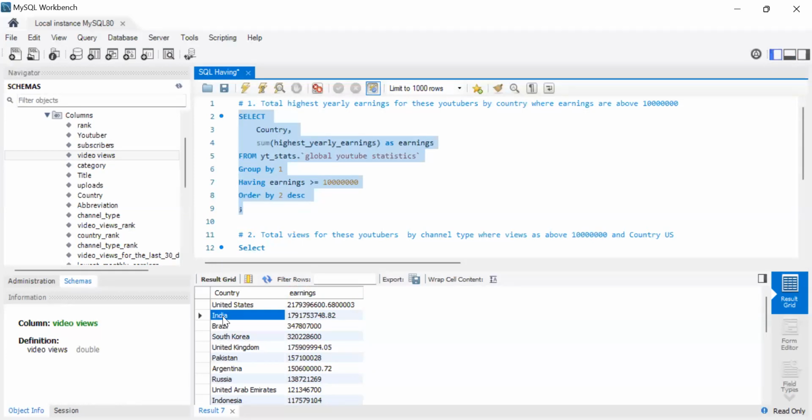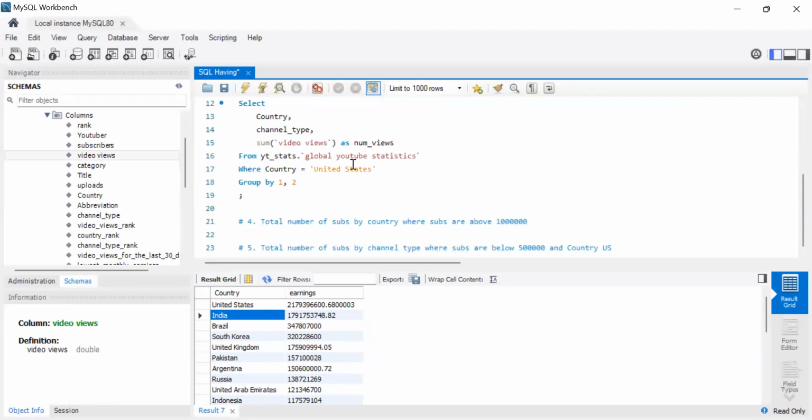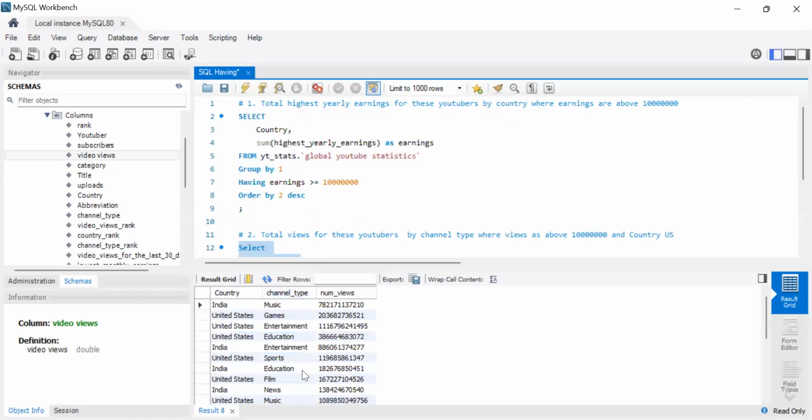Okay, let's do India. Where country in India. So you remember what happened when we were just grouping by one country? See what happens. It will group by country. So are you from India or the United States?